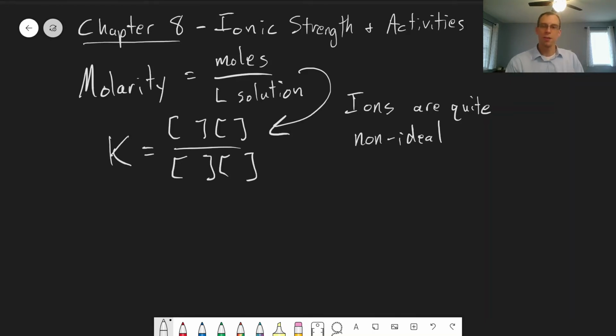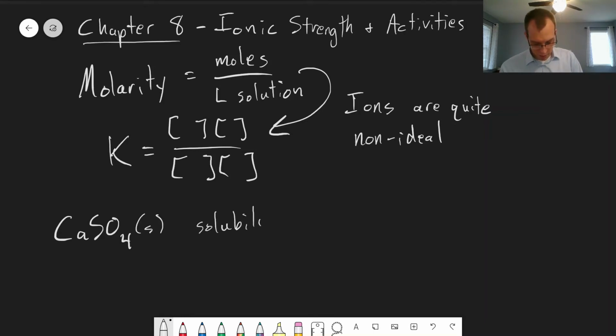So just to give a practical example of how this works, let's look at calcium sulfate. So when we looked at equilibrium and the solubility of salts like this, right? Calcium sulfate is a sparingly soluble salt in water. We can write down the KSP for it.